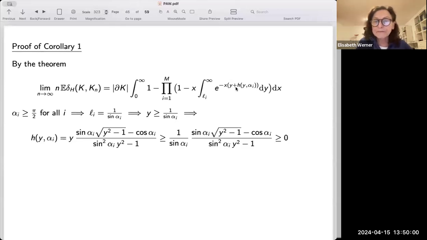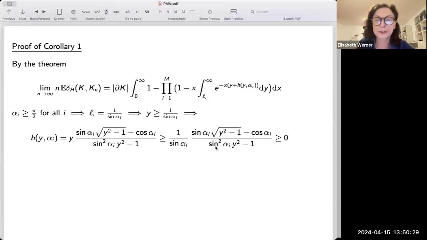That means something for our function h of y, alpha i, which is under the exponential. I've written here again what the function h is. Now we know that y is bigger or equal than 1 over sine alpha i, and I have written this estimate here. And then comes the rest, about which we don't really care.